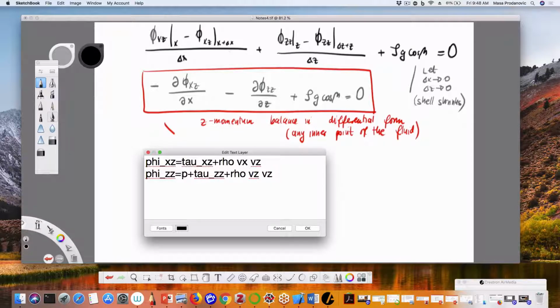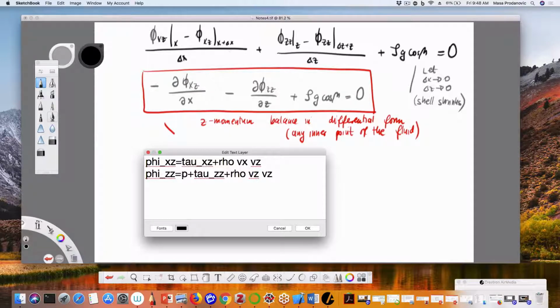Cool. So my tau will actually have the form of the Newtonian fluid because I'm assuming this is a Newtonian fluid. But before I split that apart, what did we assume about velocity? This is a very thin, slow laminar flow down the slope. I'm going to assume that my only velocity that is alive is Vz, and that I don't have anything coming down, so that's an almost horizontal slope.